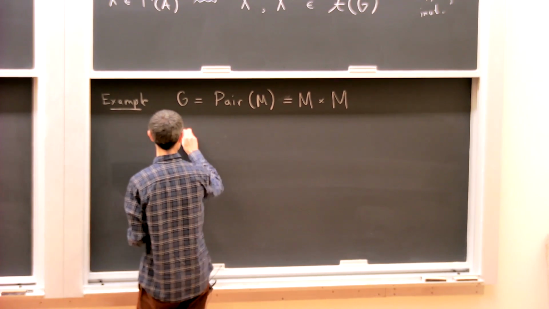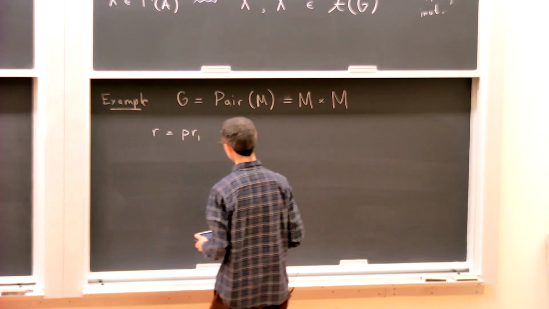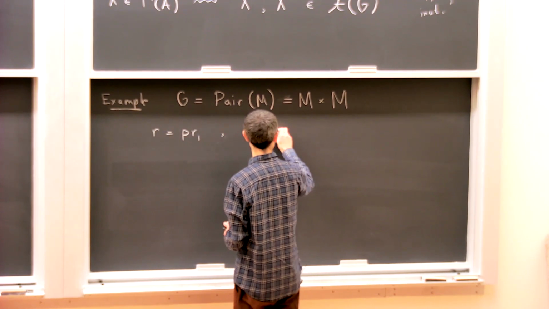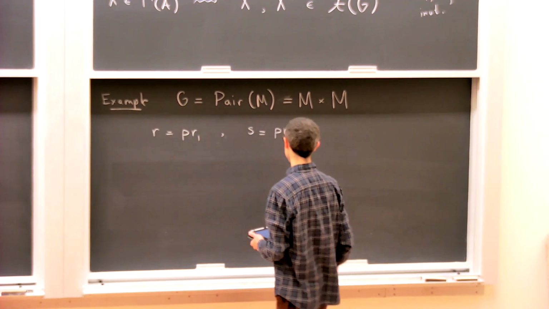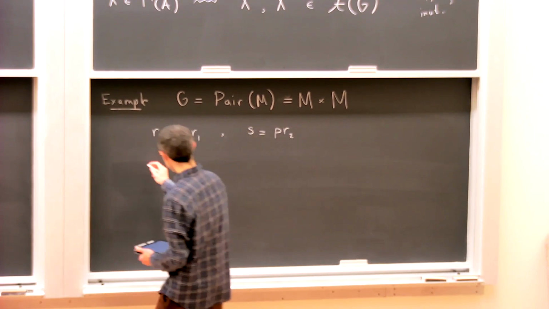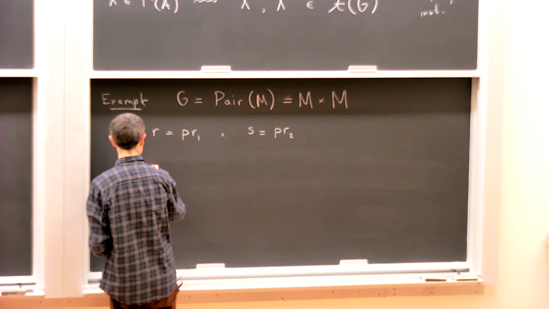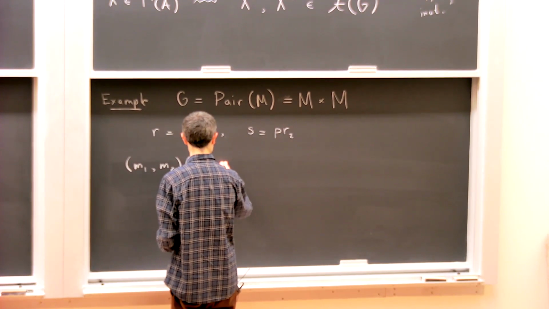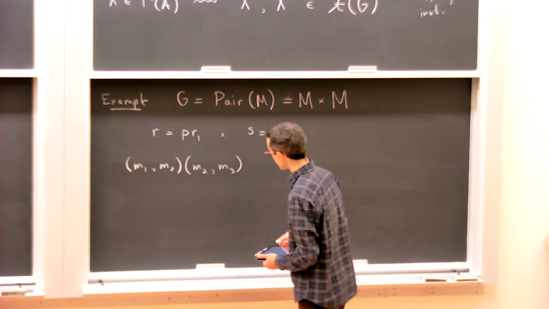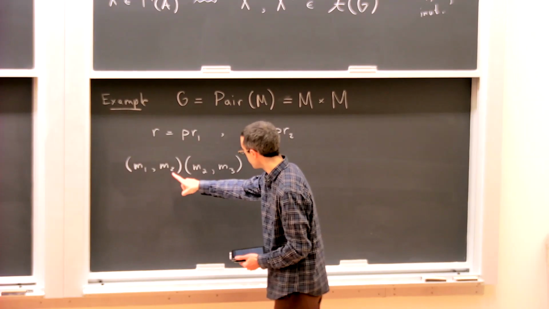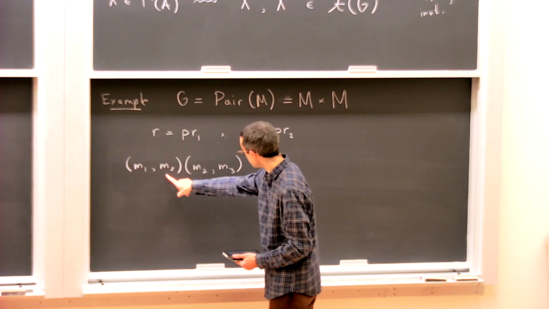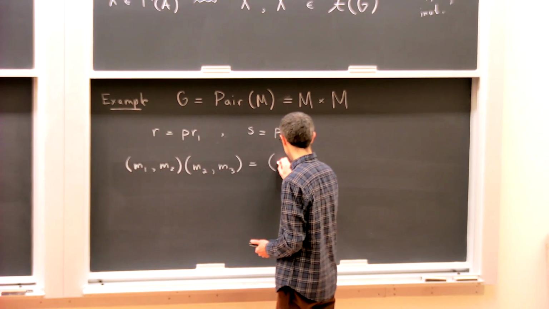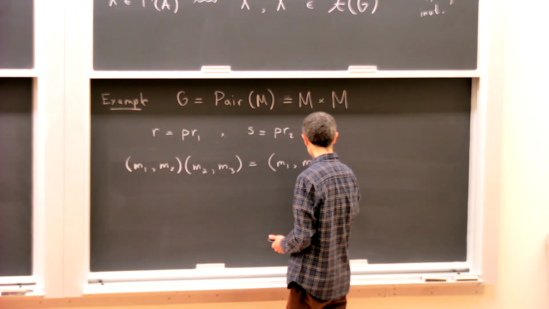The range map is projection onto the first factor, and the source projection is projection onto the second factor. And the groupoid multiplication looks like this. If you have two pairs like this, for the groupoid multiplication to be defined, these two points in M have to match, and then the multiplication just looks like that.